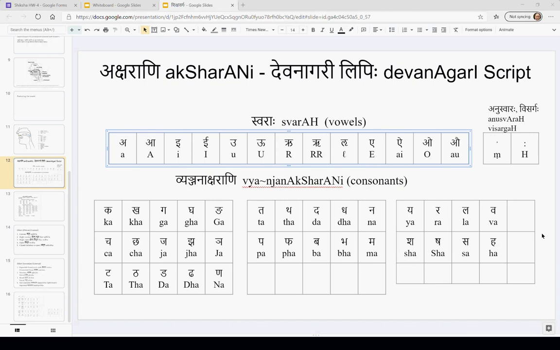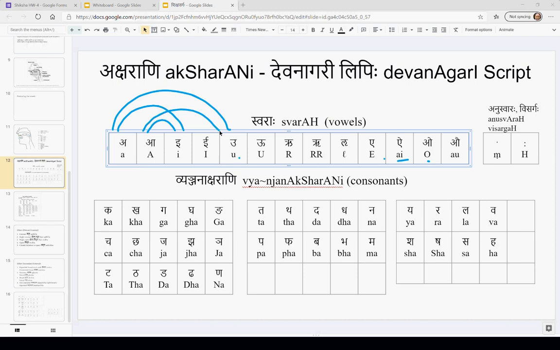They are just there in between. Now, some of you might be having the question: suppose we are combining A and E, it changes to A, and I changes to I, and U changes to O, and U changes to OU.